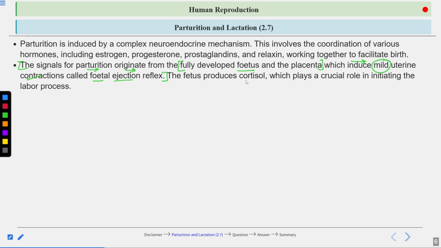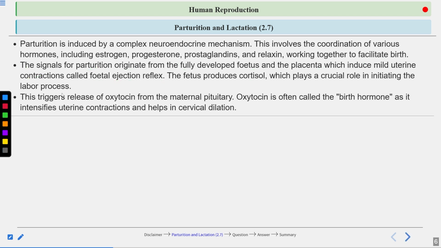The fetus also produces cortisol, which plays a crucial role in initiating the labor process as well. Now this triggers release of oxytocin from the maternal pituitary. First of all, signals from the fully developed fetus and the placenta induce mild contractions.